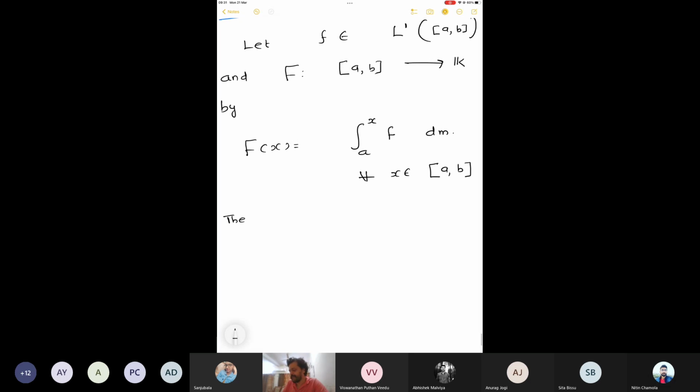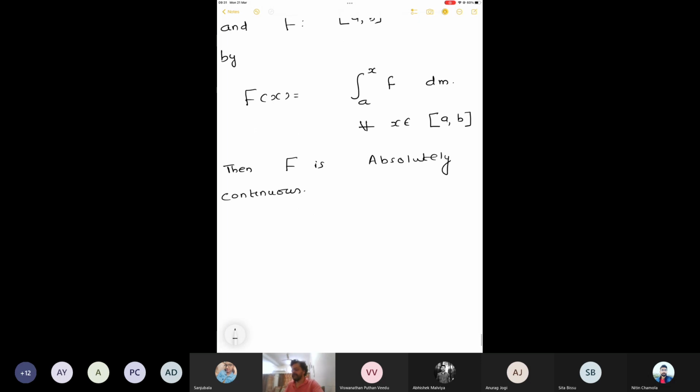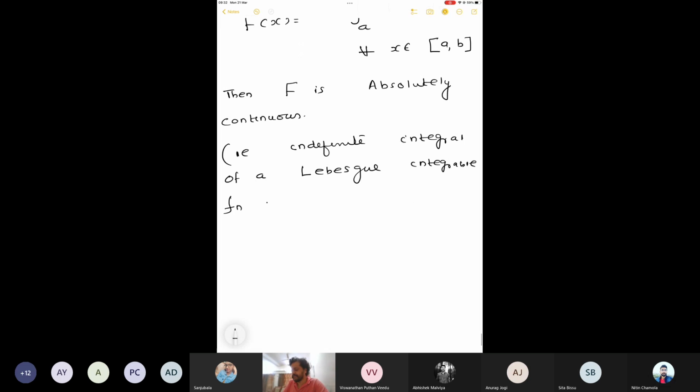Then capital F is absolutely continuous. This is the statement actually: the indefinite integral of a Lebesgue integrable function is absolutely continuous.